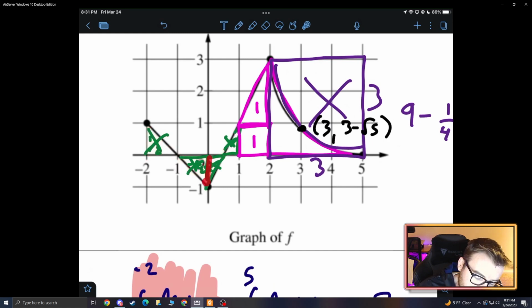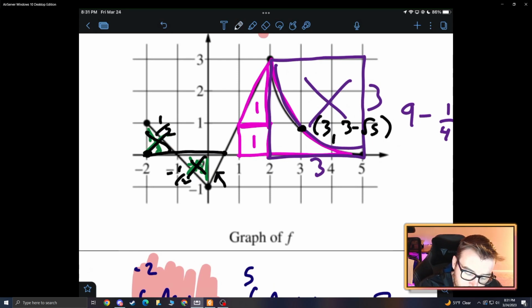We need to figure out the area of this tiny triangle. I kind of ignored it before because I thought it was going to cancel out with this other one. Well, now apparently it matters because we're trying to get the integral from -2 to +1/2. We know that these two things cancel, a +1/2 and a -1/2, but how big is this triangle? This is a base of 1/2 and a height of 1.